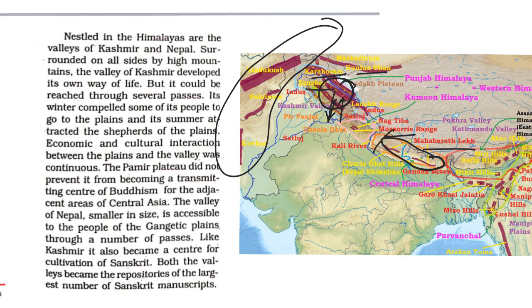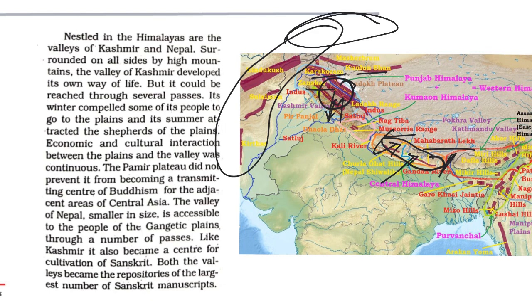The same is the case with the Nepal region, which could be accessed through the UP and Bihar region. So this led to economic as well as cultural interactions between the plains and the valleys, right. Above we have seen the Pamir Plateau, which did not act as a barrier for us to transmit Buddhism to the adjacent Central Asian countries, right.